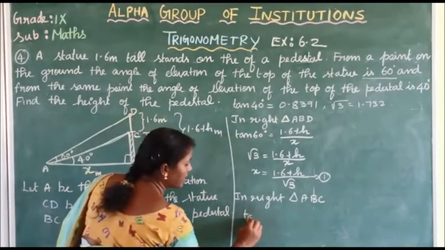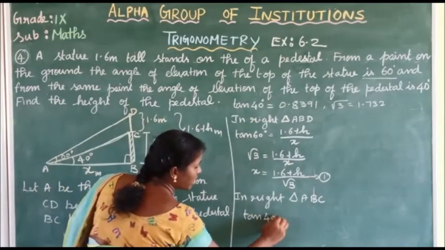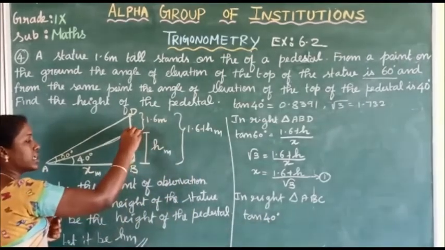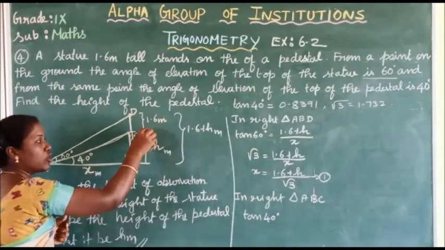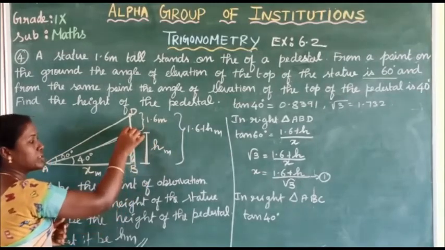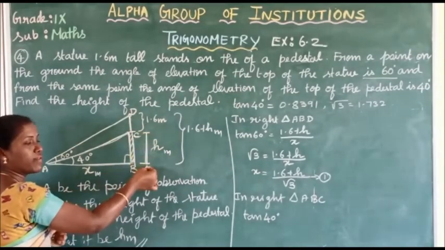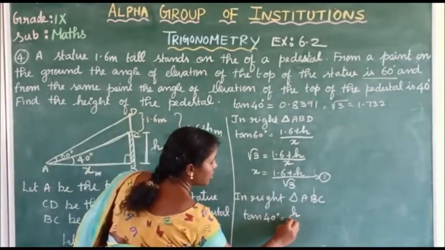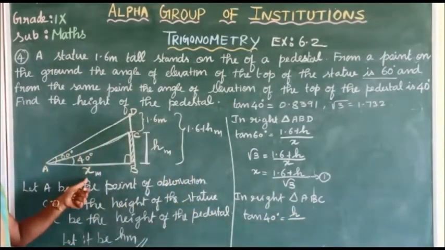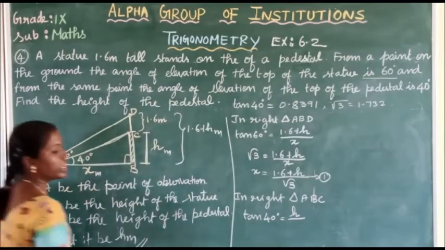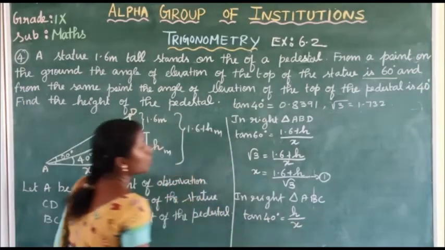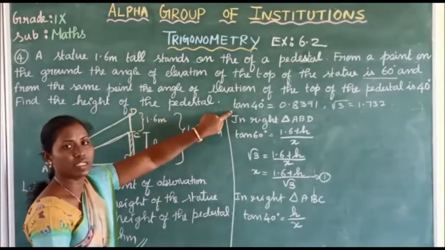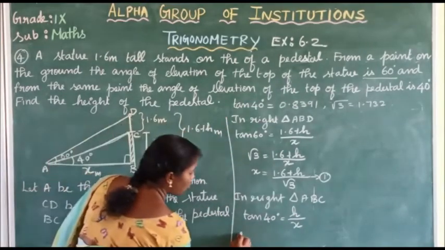So tan 40 degree is equal to opposite side by adjacent side. The opposite side is BC, and we took the value here as h, which is equal to h by the adjacent side x. So h by x. What is the value of tan 40 degree? Tan 40 degree is given in the equation, isn't it? What is it?